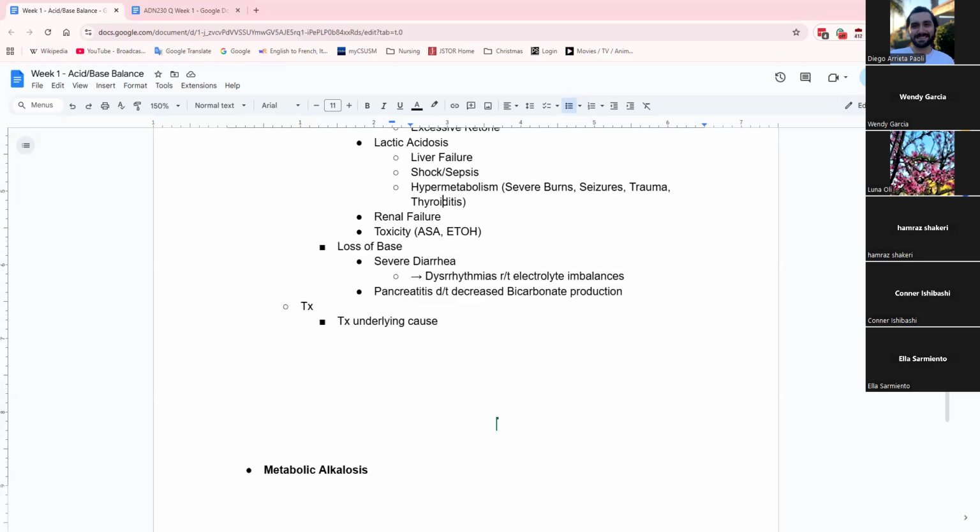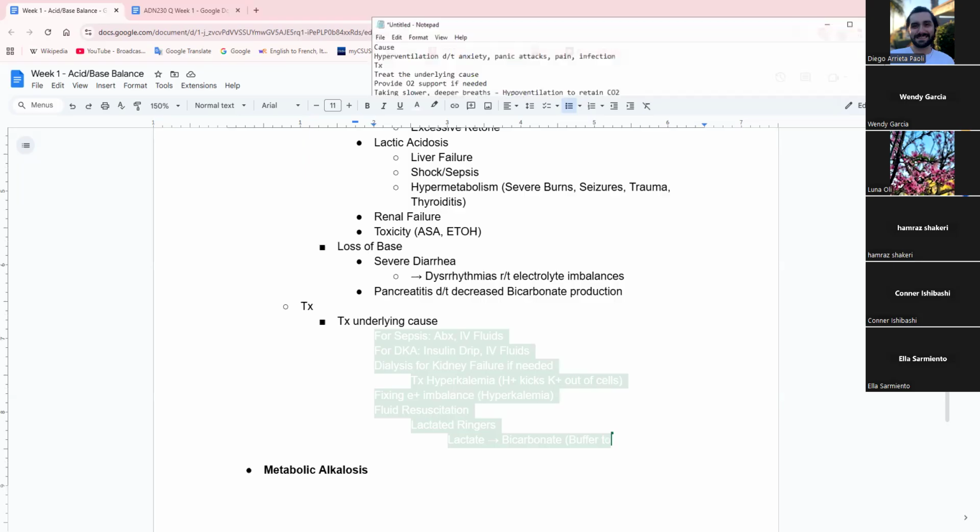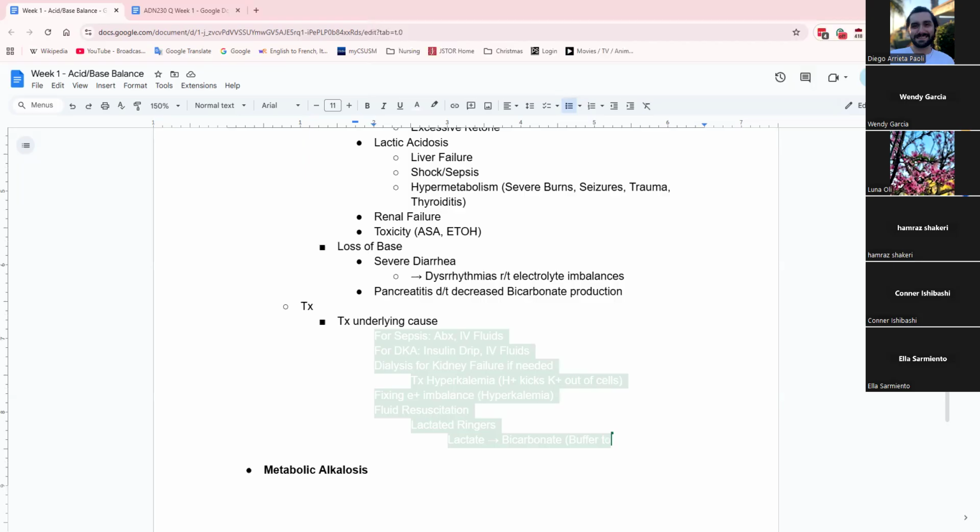Okay, so what about treatment for somebody, I mean, we kind of already talked about fluids. If somebody is in shock, they're going to get fluids. If someone's in sepsis, obviously they're going to get antibiotics.